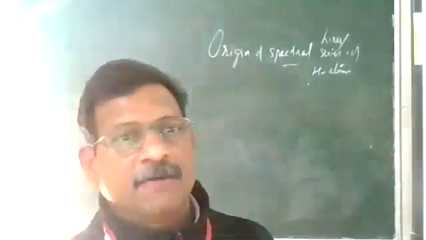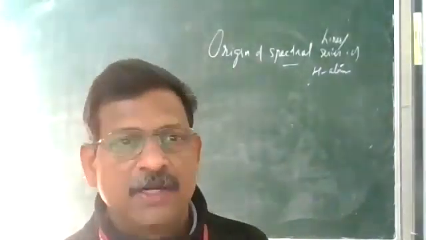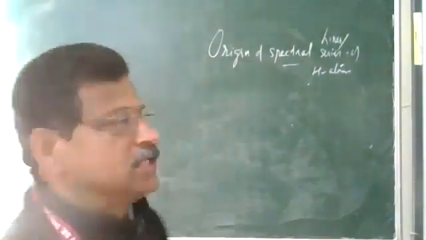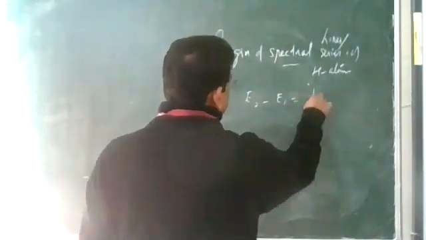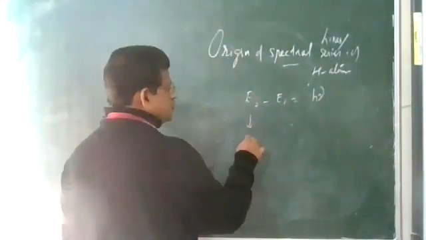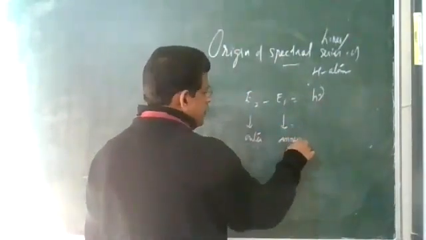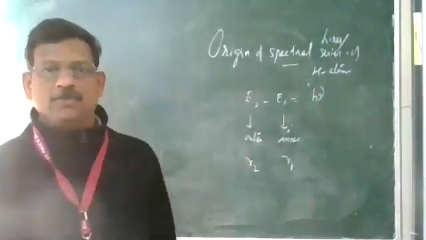When an excited atom comes from outer orbit to inner orbit, the difference in the energy, E2 minus E1, will be emitted in the form of an electromagnetic wave. E2 minus E1 is equal to h nu. E2 stands for the outer orbit and E1 for the inner orbit. Inner orbit you can take as r1, outer orbit as r2.